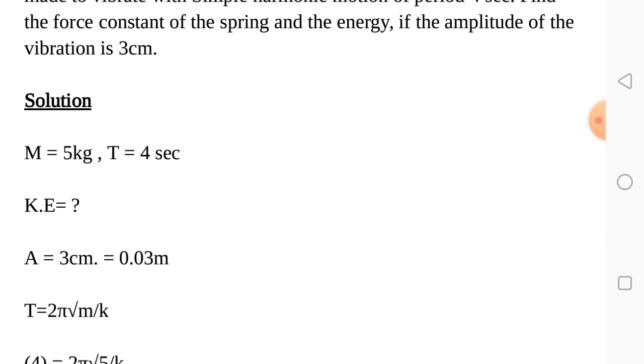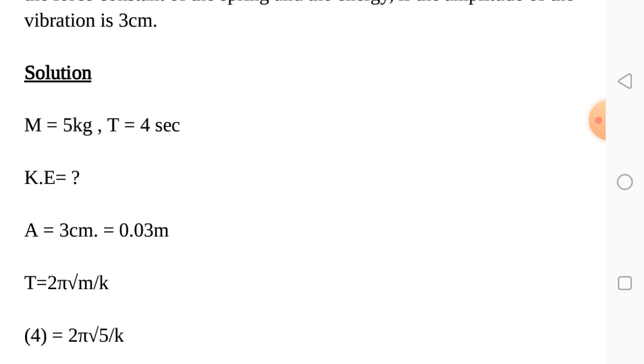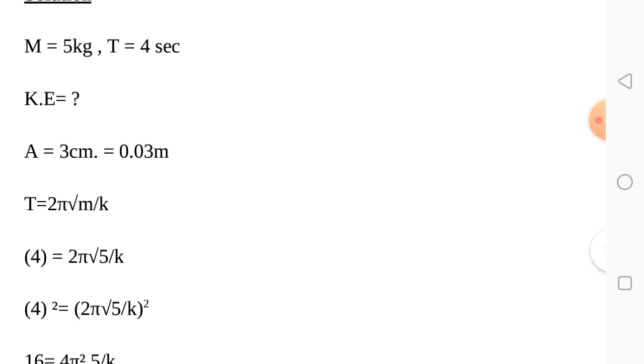Now the equation that can bind this together in order to get our constant, our stiffness, is T = 2 pi root of m divided by k. The value of T is 4, so 4 = 2 pi root of 5 divided by k.